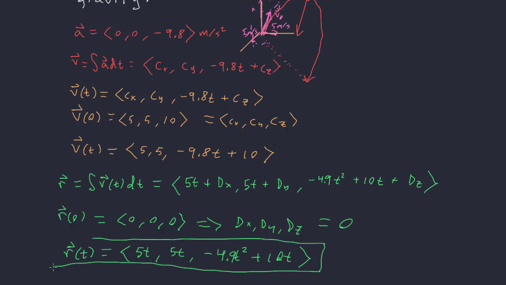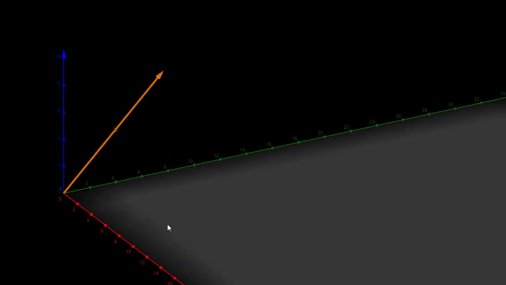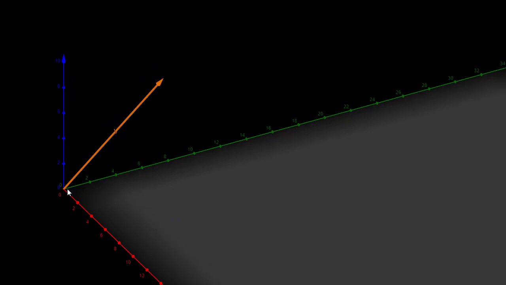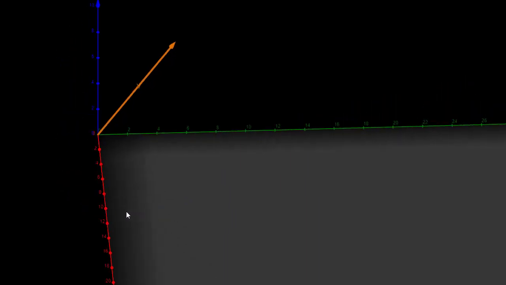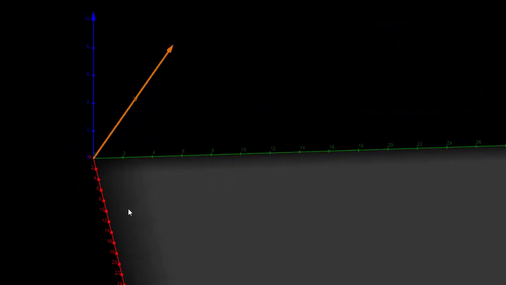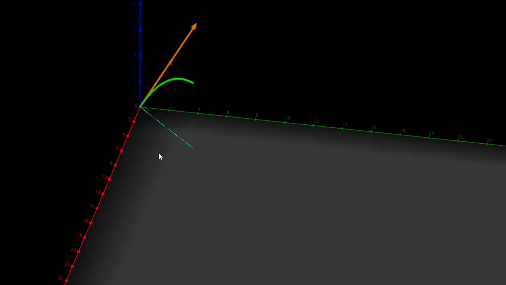So now let's go to the graph and see if that actually lines up with what we would expect. All right, here at the graph, I've graphed the initial velocity here. Okay, here's v naught. And if the cannon is fired with this initial velocity from this trajectory function we just calculated, here is that trajectory function r.